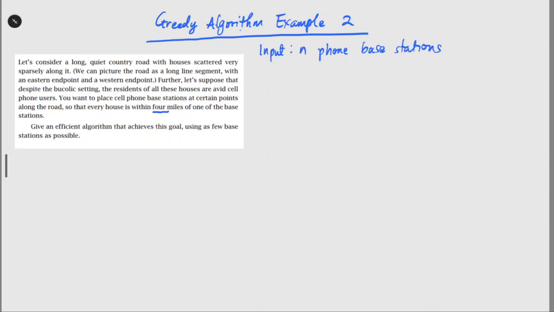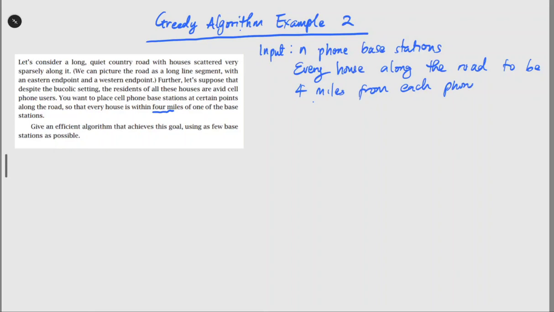It's stated here. We want every house along the road to be 4 miles from each phone base station, right?